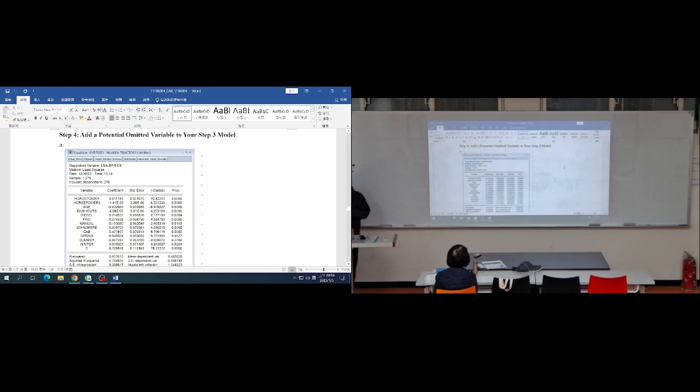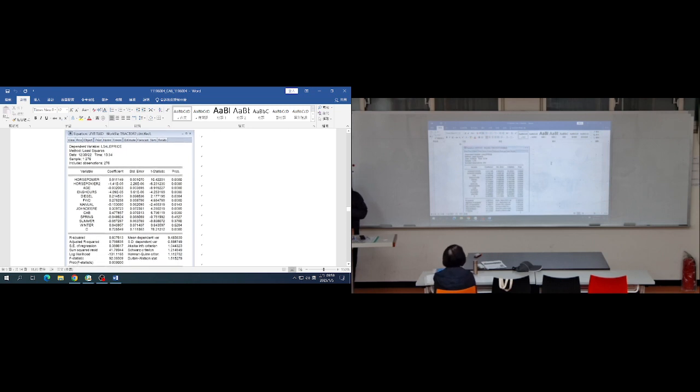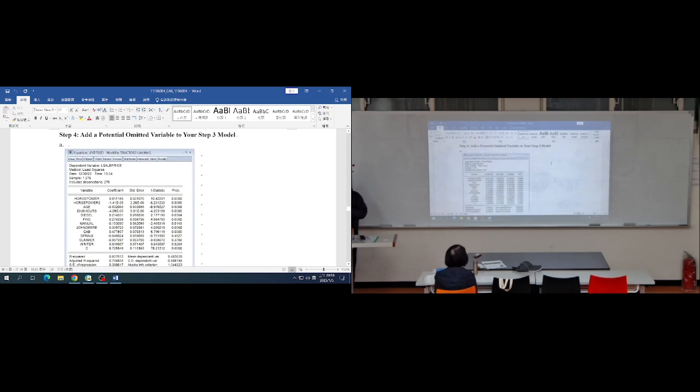Step 4. Add the cap into the step 3 result. Why do we want to add the cap variable?